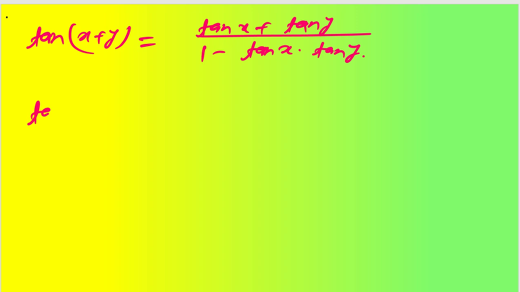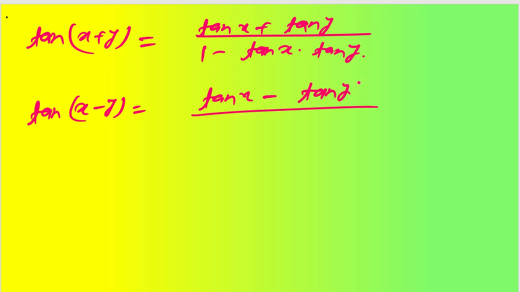Similar to that, if it is tan of x minus y, then what will it become? It will be tan x minus tan y divided by, see, if it was plus on top, it was minus below. When it is minus on top, it will be plus below. So it will become 1 plus tan x into tan y.